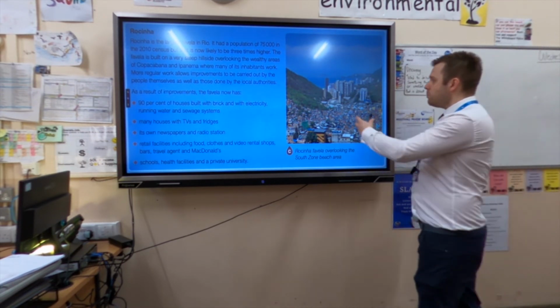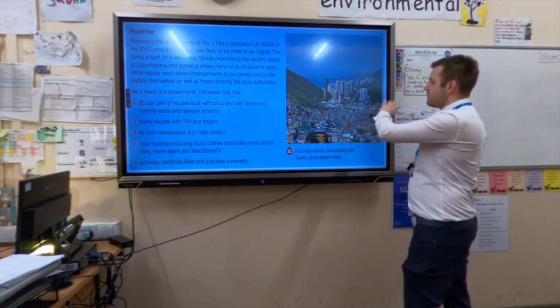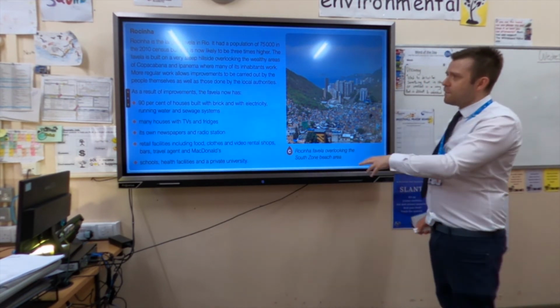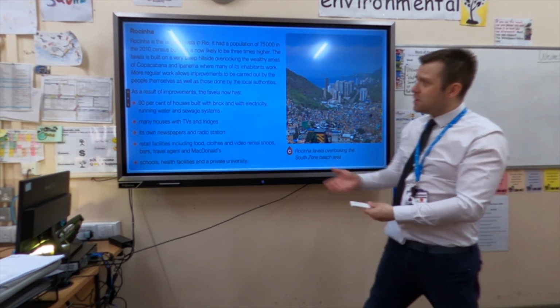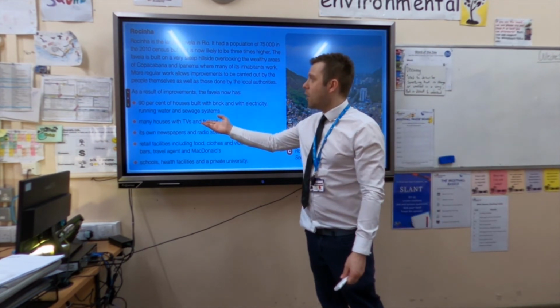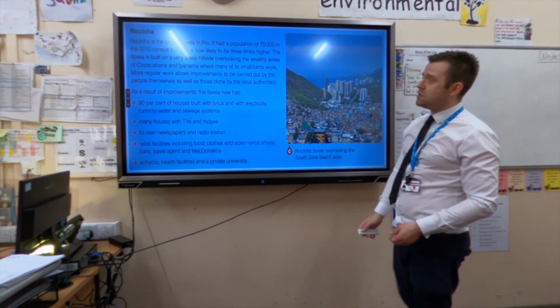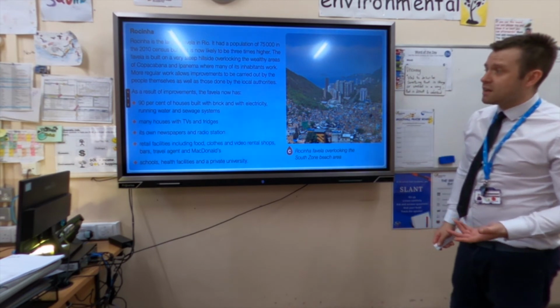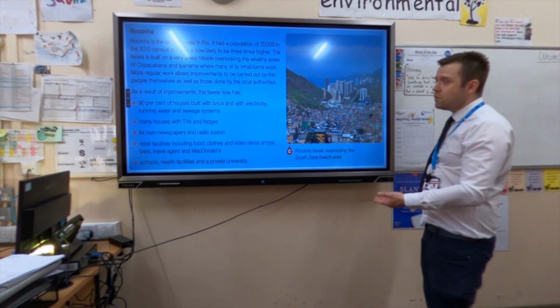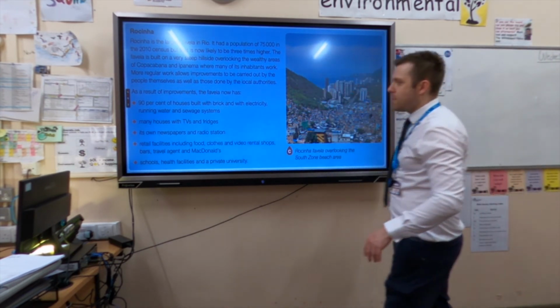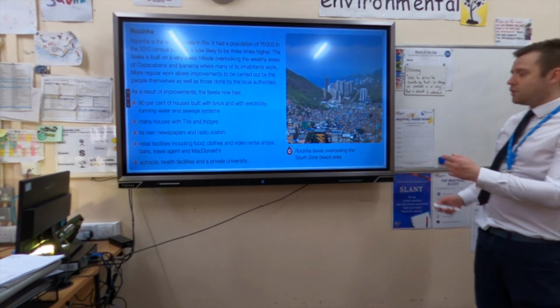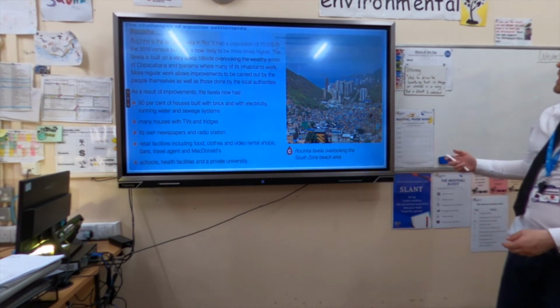But although people often think everybody's living in squalor and poverty, a lot of people have got TVs in their homes. 90% of houses are built with brick and they've got electricity and running water, and also it's got its own newspaper and radio station, and they also built a private university there.